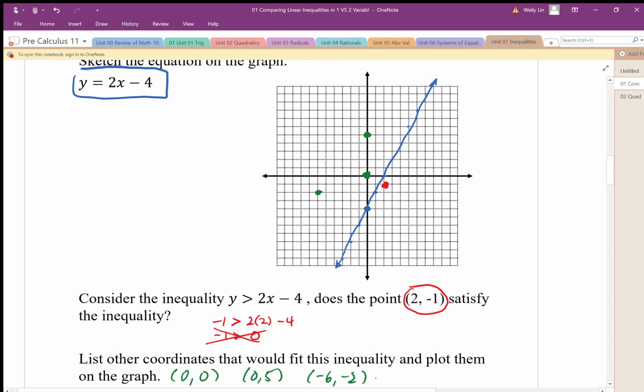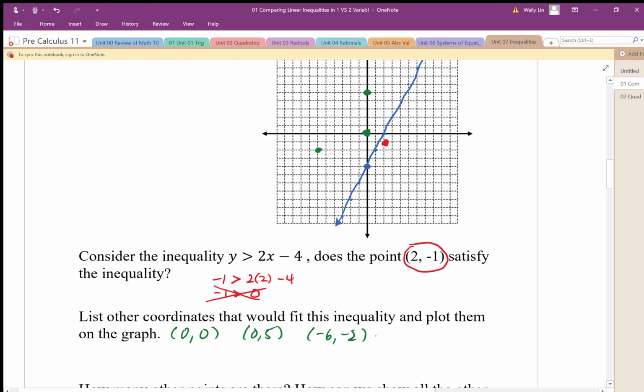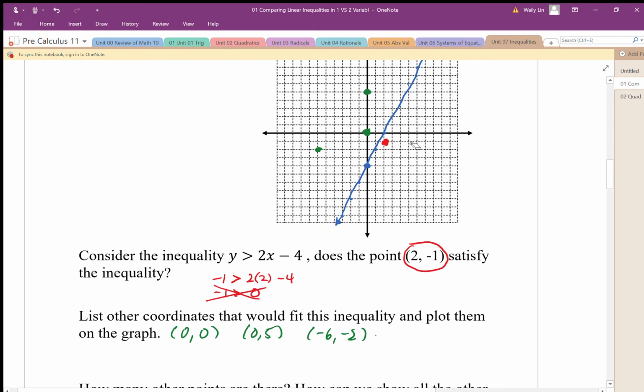In fact, if we interpret it this way, y equals 2x minus 4 represents the boundary, or equals, and the greater than or less than should indicate above or below that line. So if y is bigger than this line, then all the y's above that line should work, and in fact they do. All the y's below the line will be less than the line, so they won't fit this inequality, and that's true as well.